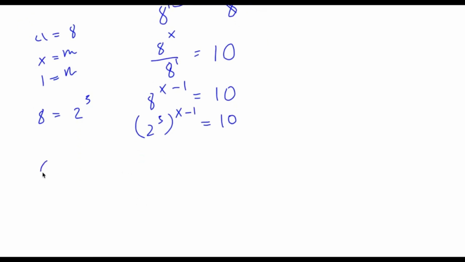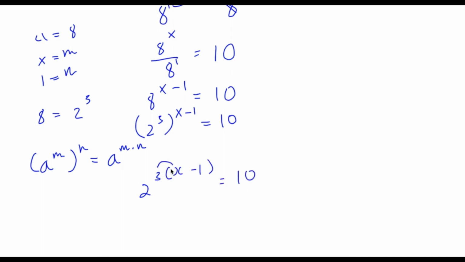Now if I have something in the form a to the power of m, to the power of n, this is the same thing as a to the power of m times n. So 2 to the power of 3 to the power of x minus 1, this is the same thing as 2 to the power of 3 times x minus 1 is equal to 10.